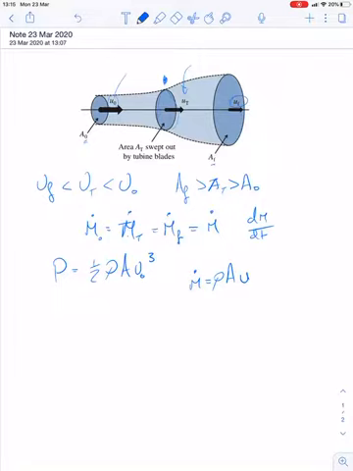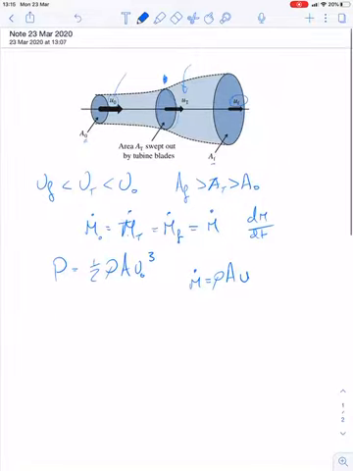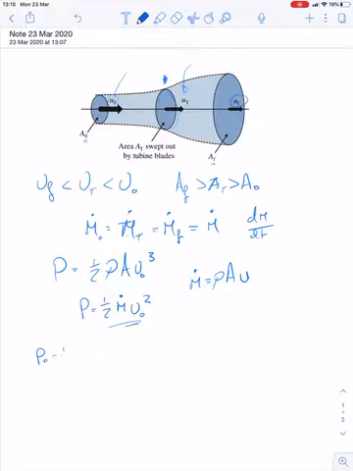So we can substitute this into this equation, and we end up with P equals a half m dot u0 squared. This is essentially the rate at which kinetic energy is deposited at the turbine by the incoming wind flow. So we can say that the initial condition is P0 equals a half m dot u0 squared.